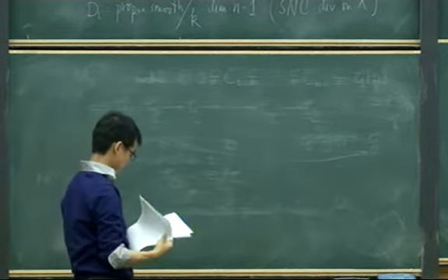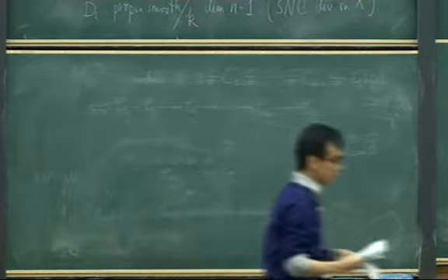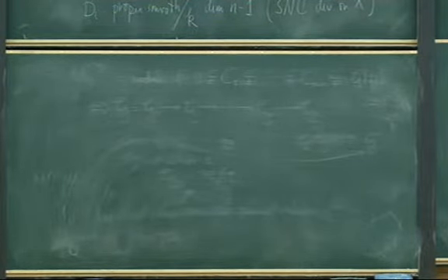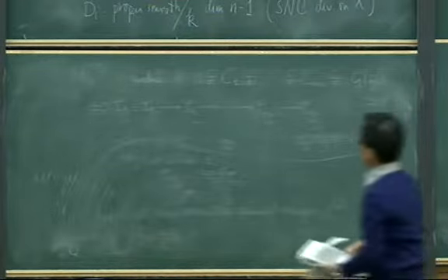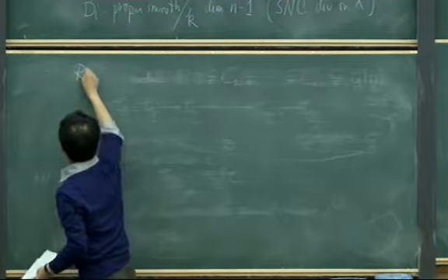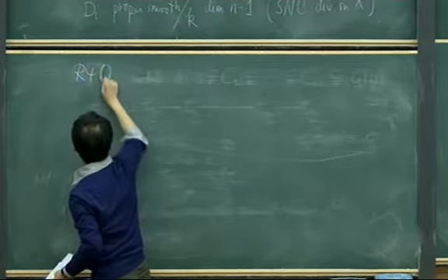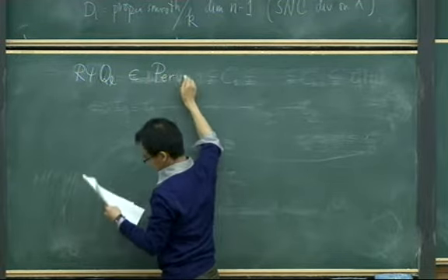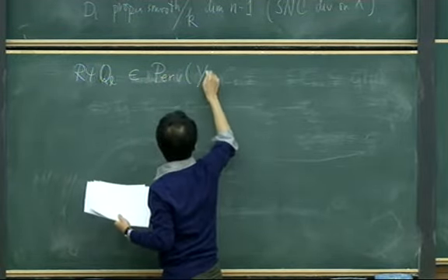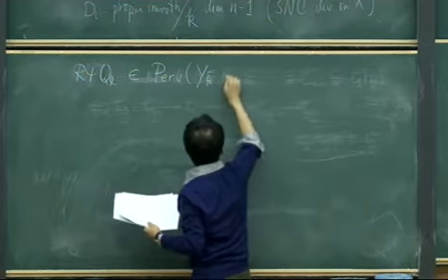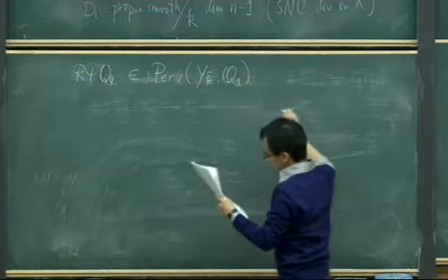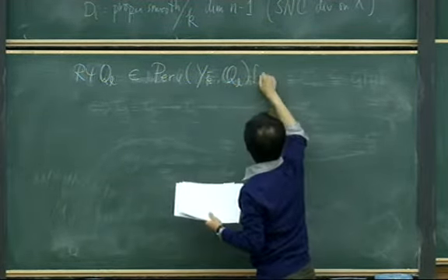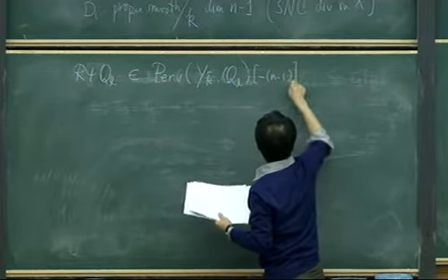Now there's another structure, which is that R psi Q_l is actually in the category of perverse sheaves, shifted by n minus 1.